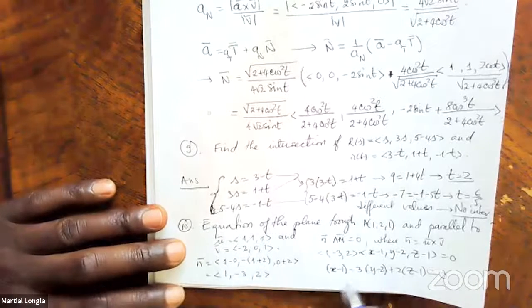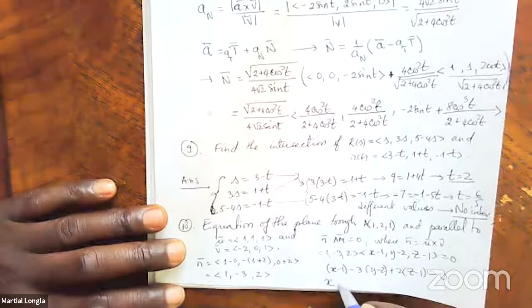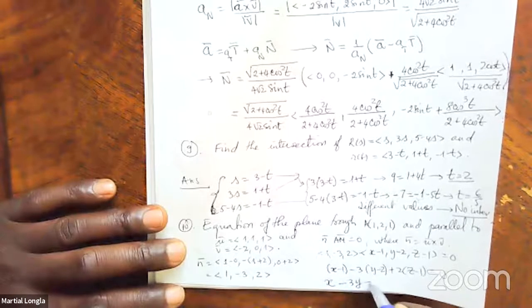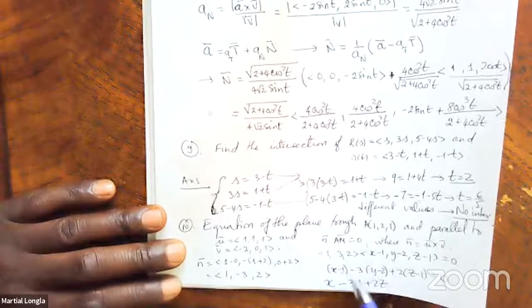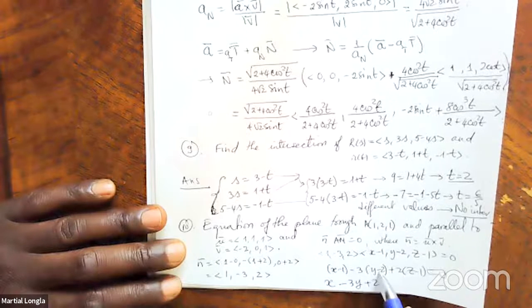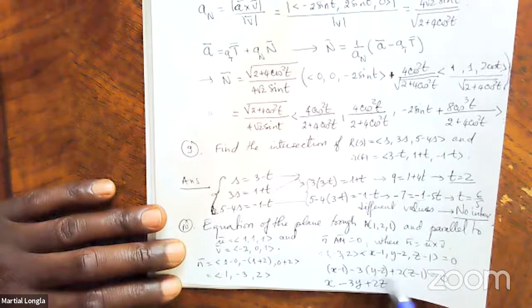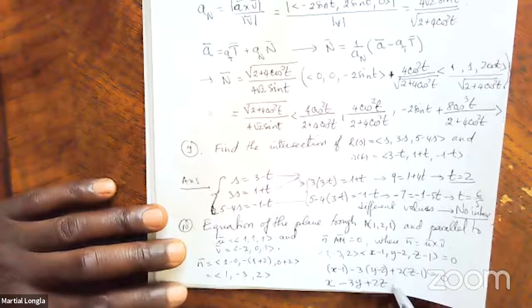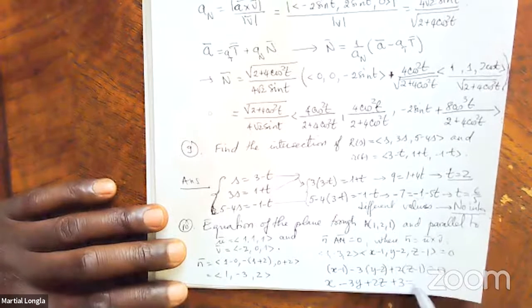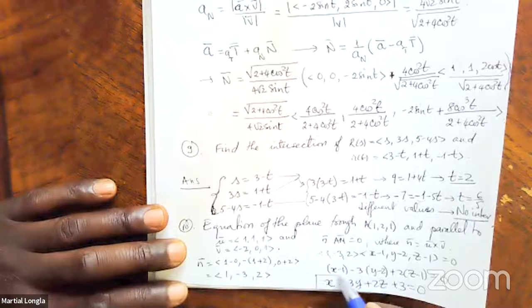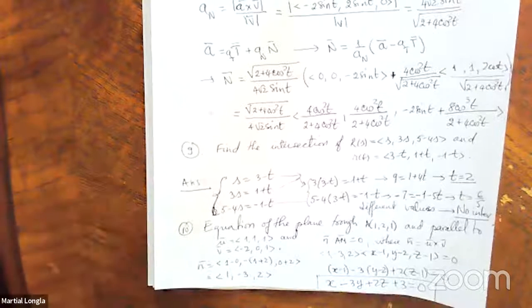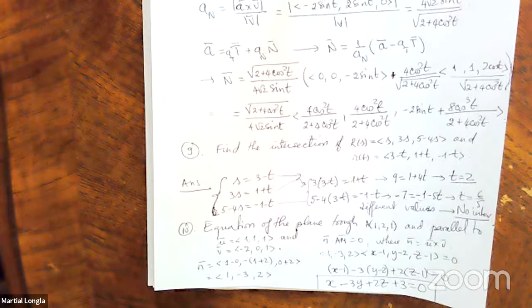Or you can now write as x minus 3y plus 2z, and then minus 1 plus 6, that's 5, minus 2 plus 3 equals 0. So that's the equation. And that's it for the test. That was the last question.